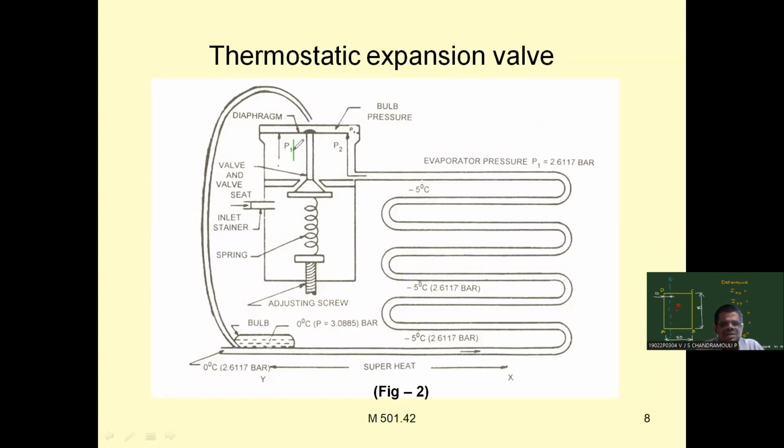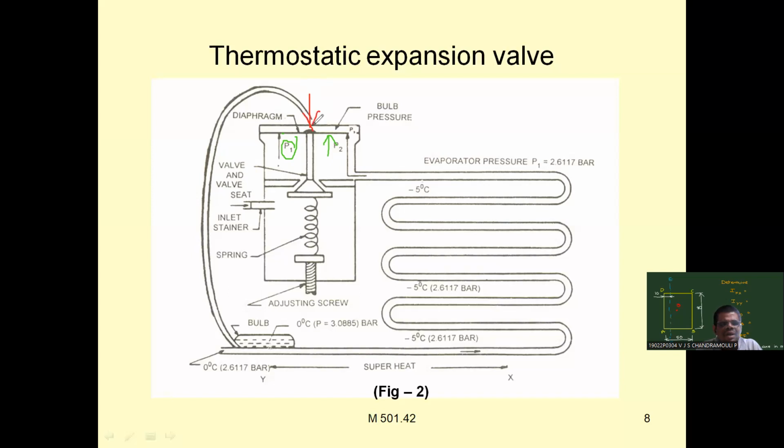Let this be P1, the spring pressure, and P2 the pressure of the refrigerant in the evaporator, which also acts in the upward direction. And the pressure of the fluid in the bulb acts vertically downwards on the diaphragm from its top.